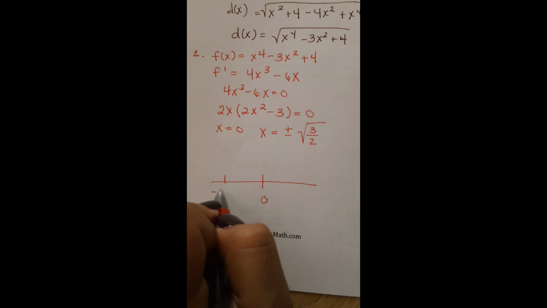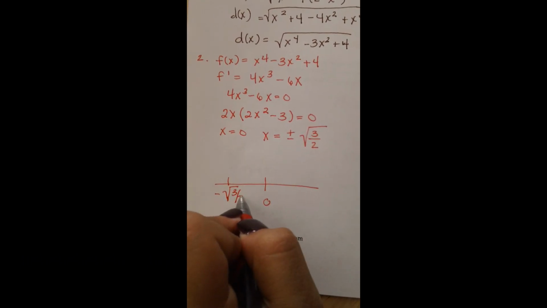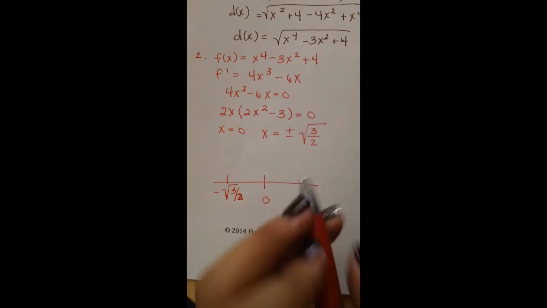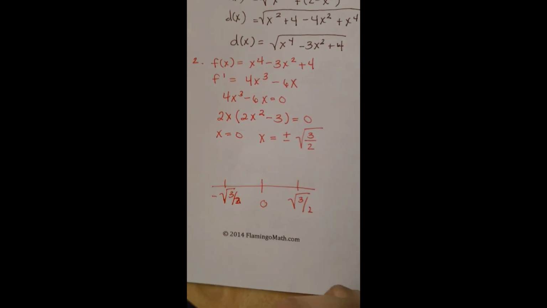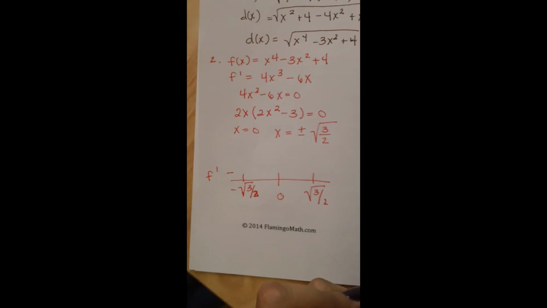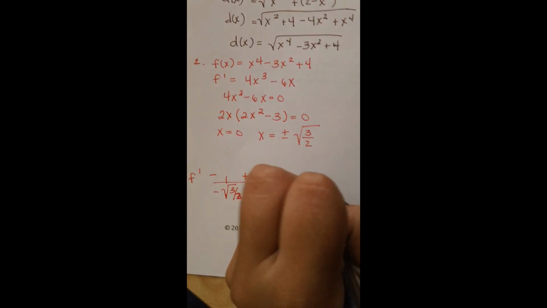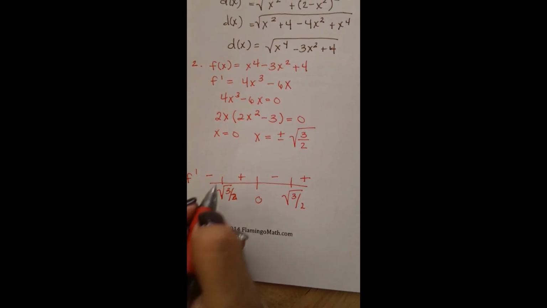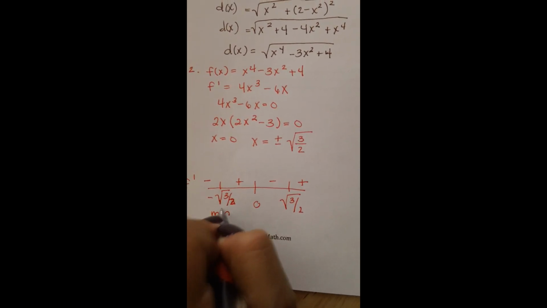So 0, negative square root of 3 halves, positive square root of 3 halves. Anything below that into the first derivative will be a negative, then a positive, then a negative, and then a positive. So we know that from negative to positive, this will be a minimum.